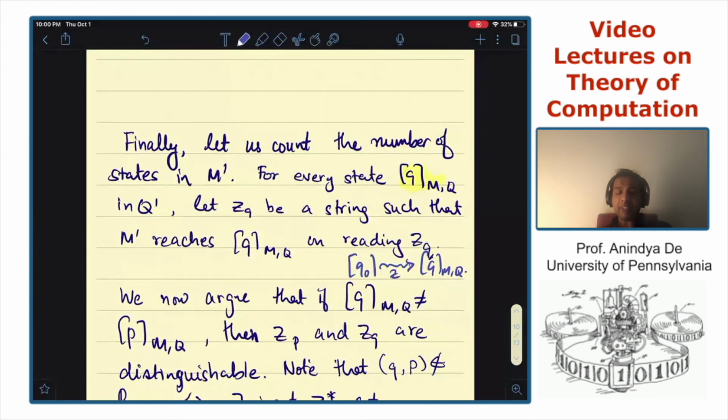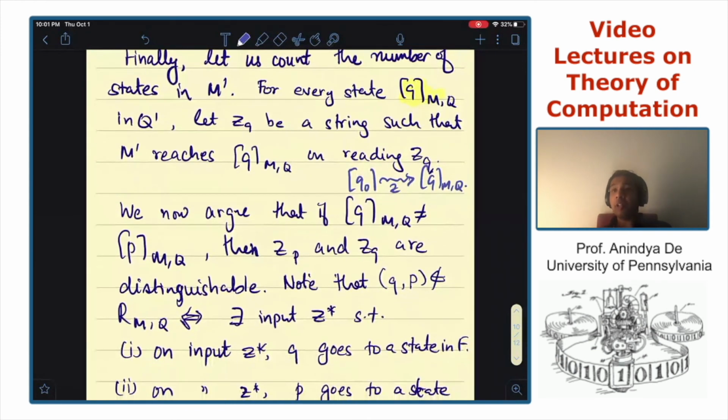So if the equivalence class of q is reachable from the equivalence class of q naught, then let z_q be a string which takes the initial state of M prime to reach the state [q]_{M,q}.